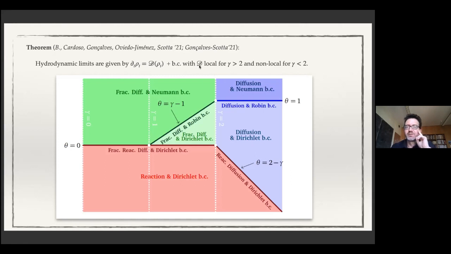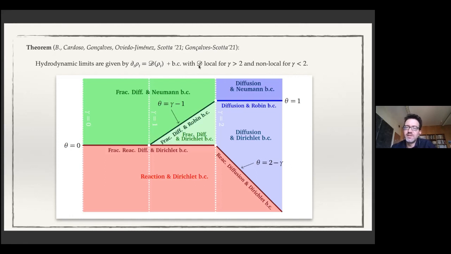So the operator D, which is here, typically for gamma bigger than 2, where gamma bigger than 2 means the variance of the jump rates is finite, is not very different from the nearest neighbor case. In this case the operator D will be mainly the Laplacian, with some boundary conditions.